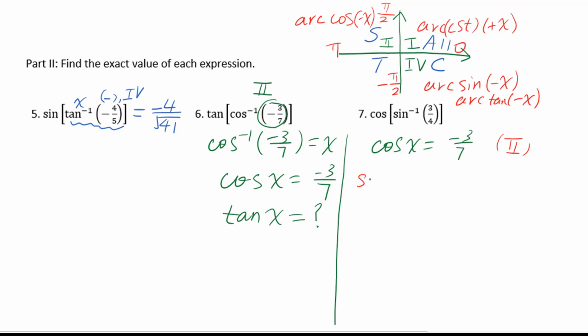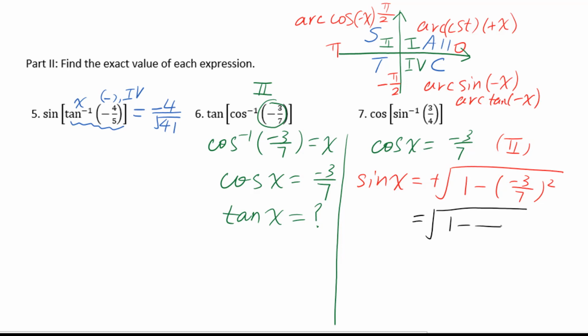So sine x, all students take calculus, will be positive: square root of 1 minus negative 3 over 7 squared, equals positive square root of 1 minus 9 over 49. When you change it into 49 over 49, you will get square root of 40 over 49.